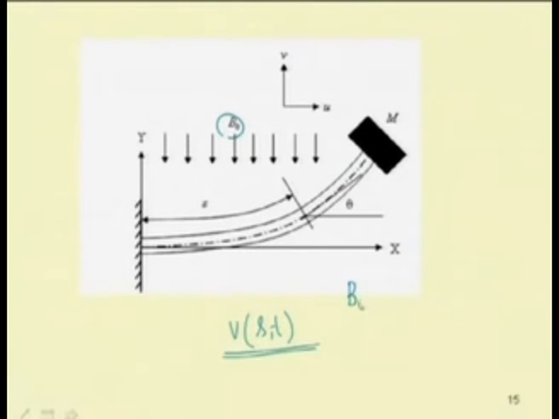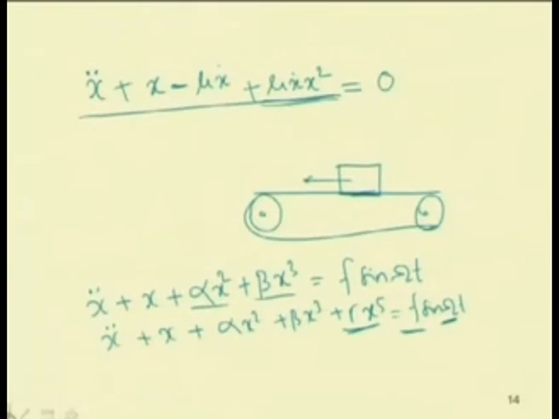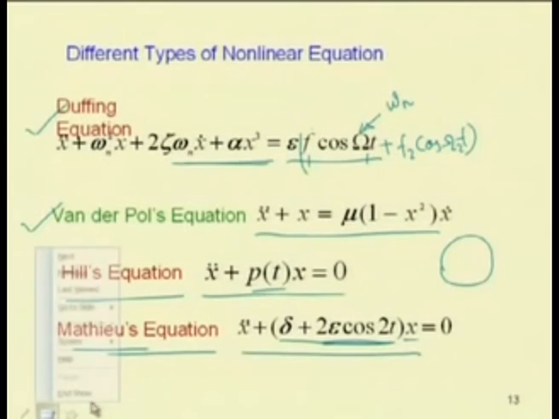So, B 0 can be a constant magnetic field B s plus B d cos omega t. So, one can have a variable magnetic field also, a constant magnetic field or a time varying magnetic field. Depending on that, one can have different types of equation.